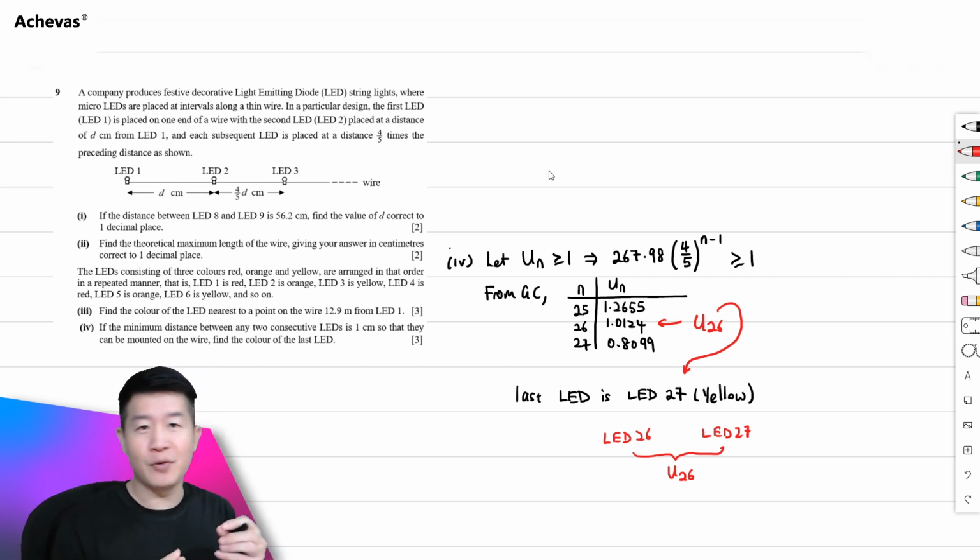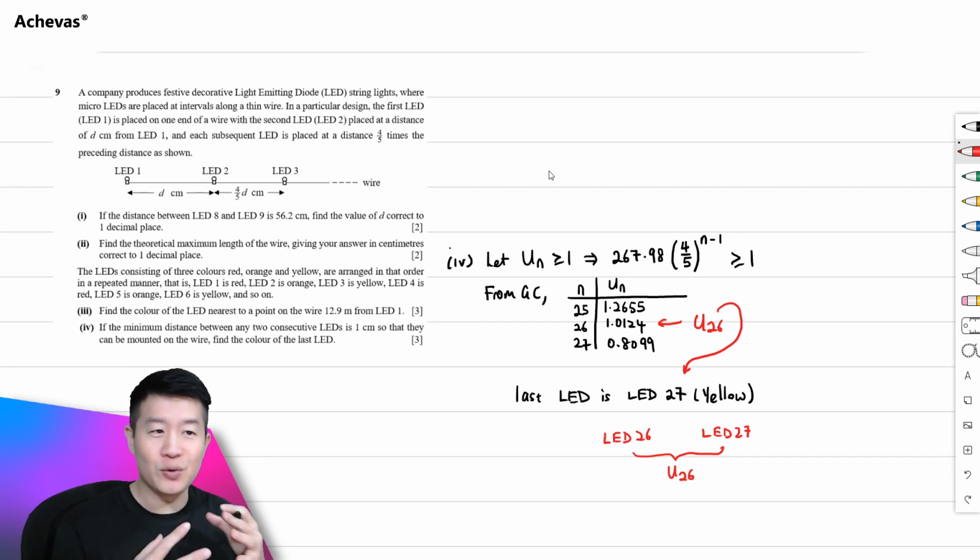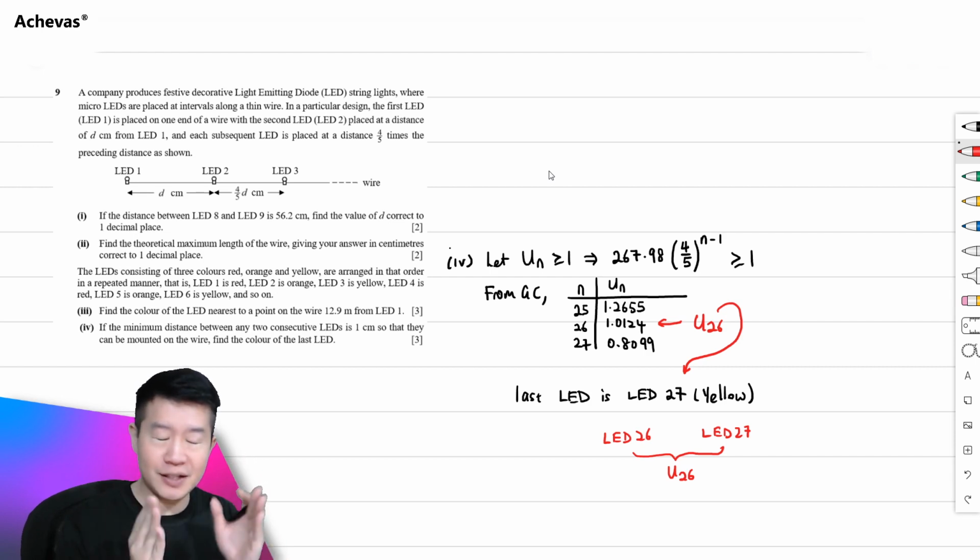So for some of you who start to get a bit confused when you're working on this question, my suggestion is to know that the nature of this kind of question requires you to participate in the information that the question gives you more than the AP GP idea. So you cannot just depend on the fact that you know about AP GP, you know about the formula, and not spend enough time reading the question.